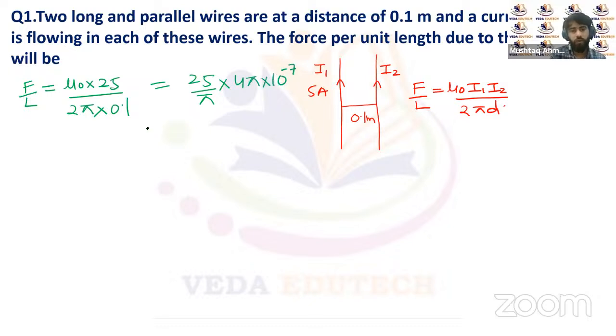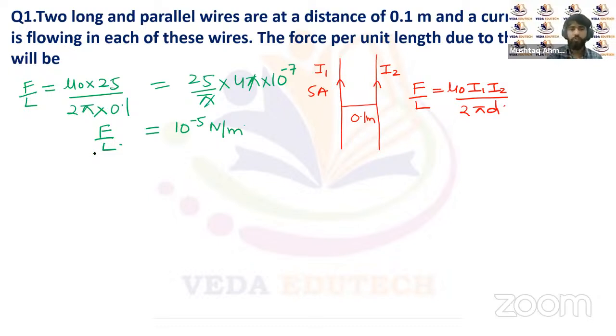From here, pi and pi get cancelled. 4 into 25 is 100, so it will be 10 to the power minus 5 newtons per meter. This is the force per unit length between the two wires.